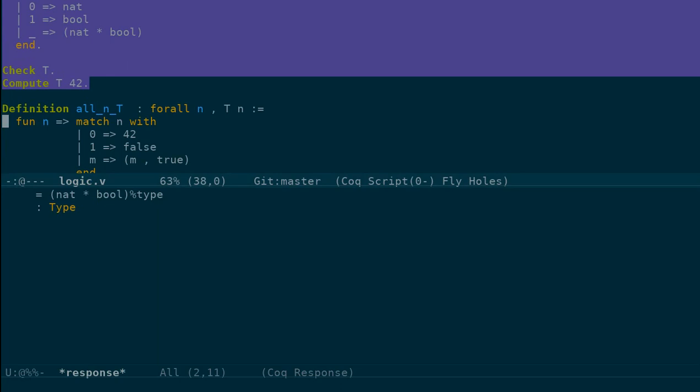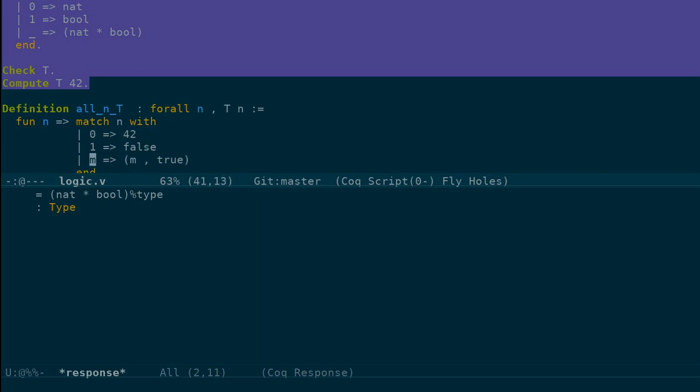Now to give an element in for all n, T n, the dependent function, let's look at this thing. Again, it's a nonsensical definition, it's just for illustration. It is a function that maps n to: if n is 0, then the element it should give here is T of 0, which is NAT, so you give 42. If n is 1, the element that you should give is T of 1, which is bool, which is false.